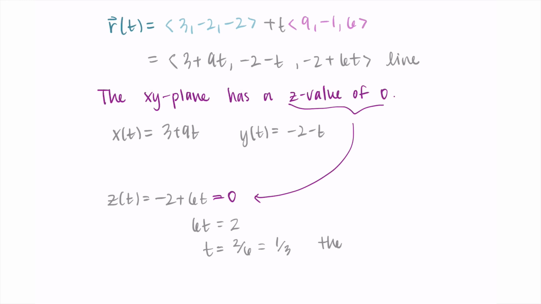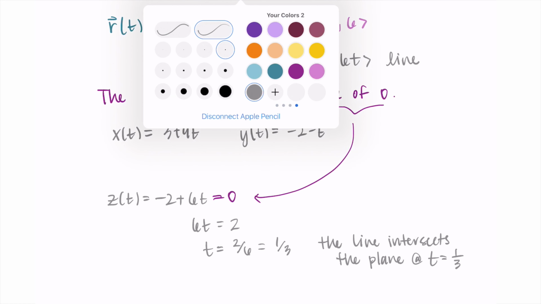So this means that the line intersects the plane at t equals 1/3, not 3. Okay, so we found out that if I use the value of t equals 1/3, then I get a point that's on the xy plane that's also on the line that we're looking for. So that's where they intersect.